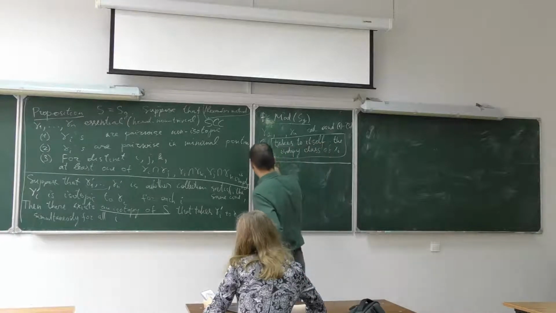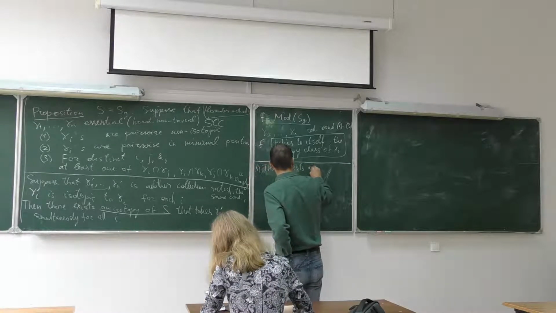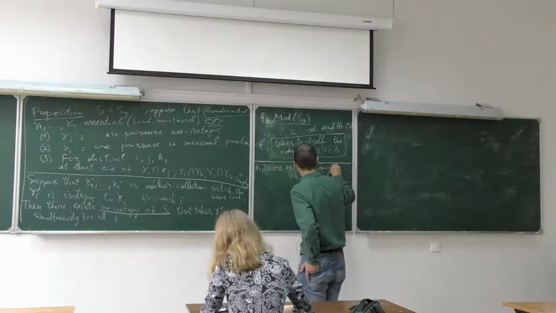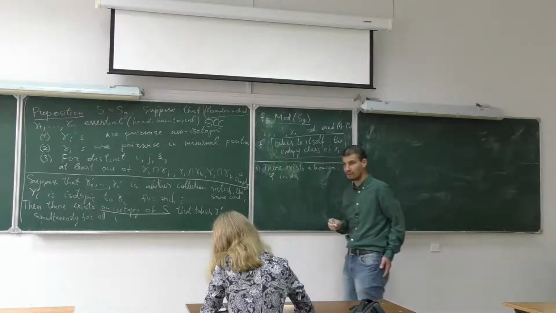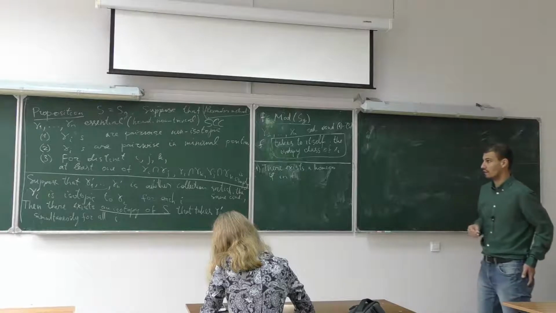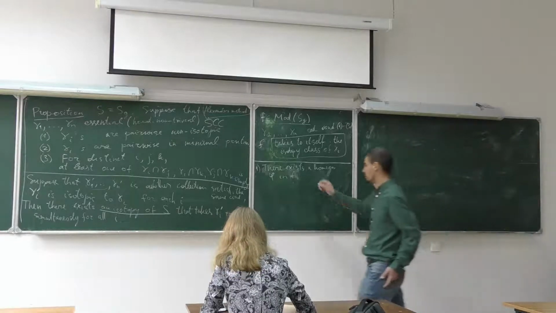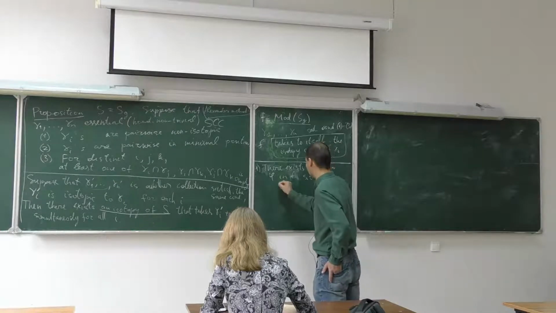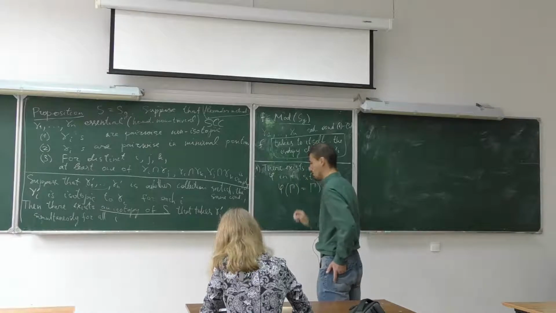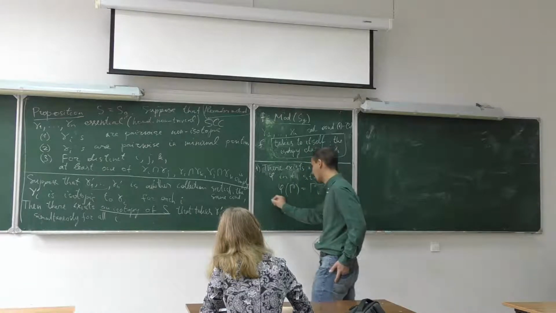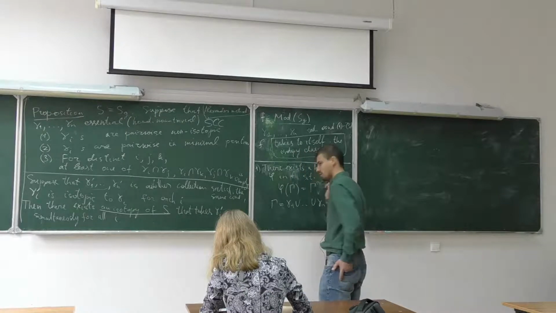So I say that there exists a homeomorphism phi in the mapping class f such that phi takes to itself the graph gamma, where now gamma is just the union of all curves.